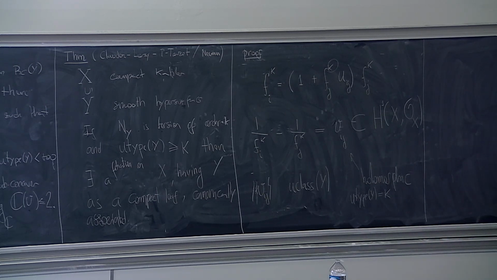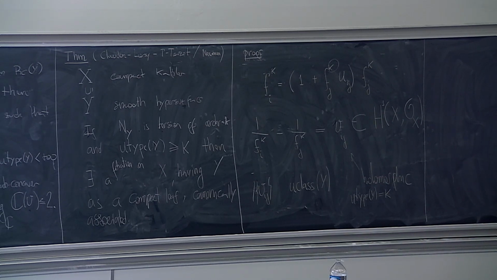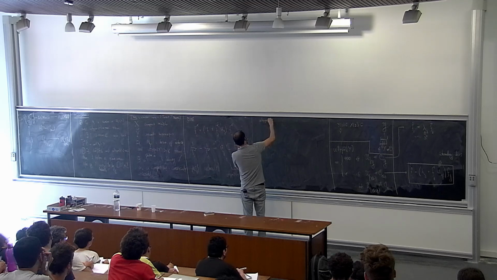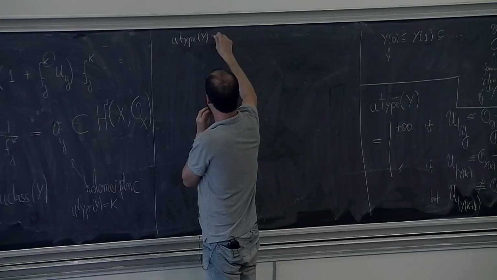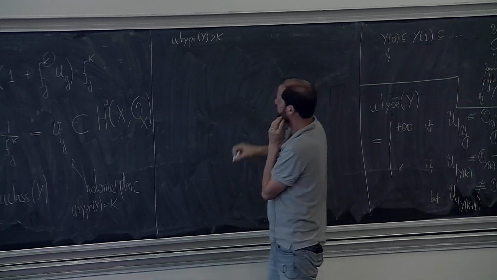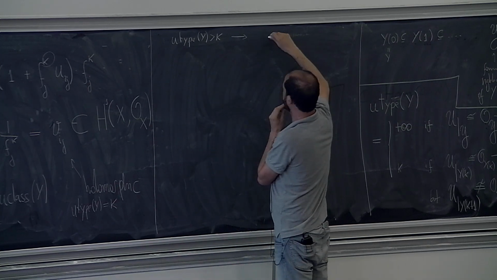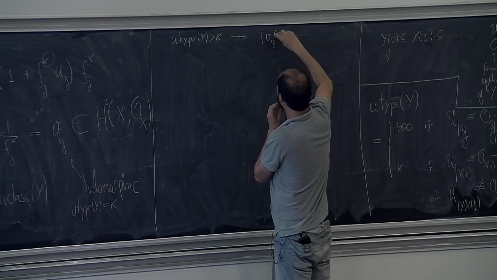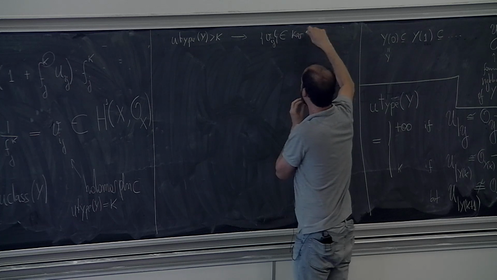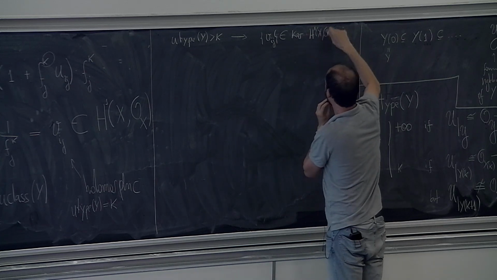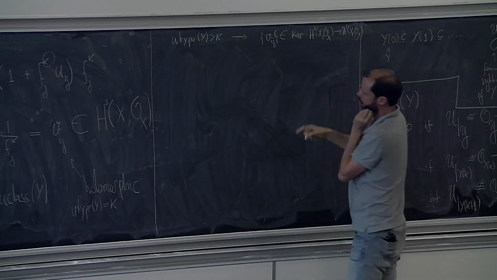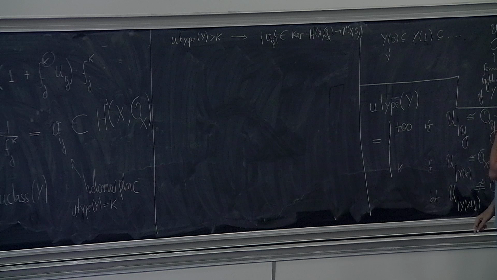If this is not equal to k, then it must be 0 on Y, on restriction to Y. So if the type of Y is greater than k, then this class, v_ij, belongs to the kernel of the restriction morphism. Right, by the definition of the Weda type.